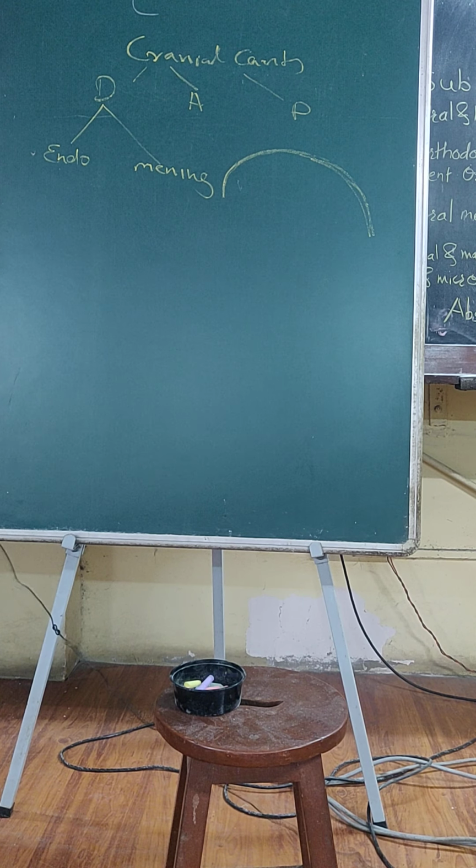The second layer, which is called the meningeal layer, is thrown into folds. So dura mater has two layers: the endosteal layer, which lines the inner surface of the skull, and the meningeal layer, which is thrown into folds like this.